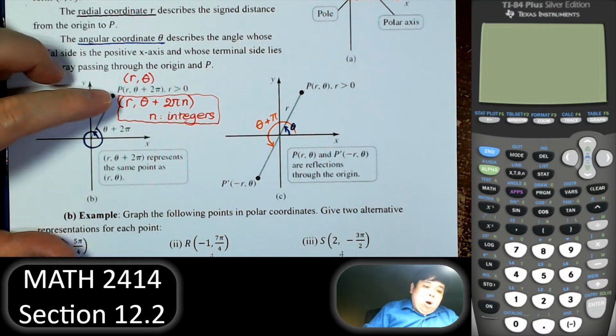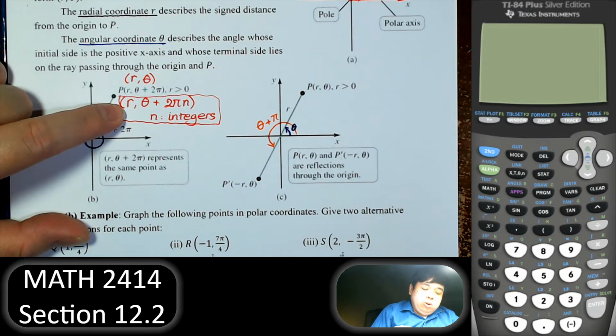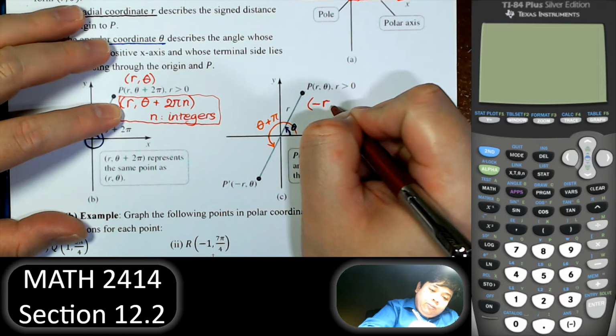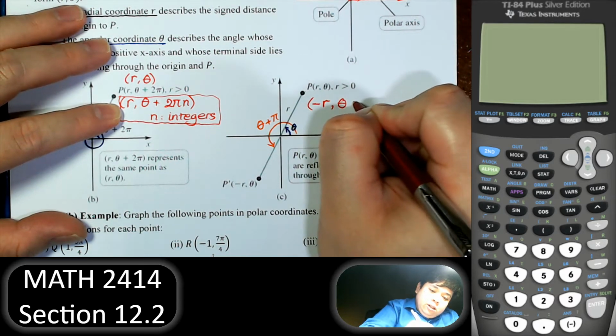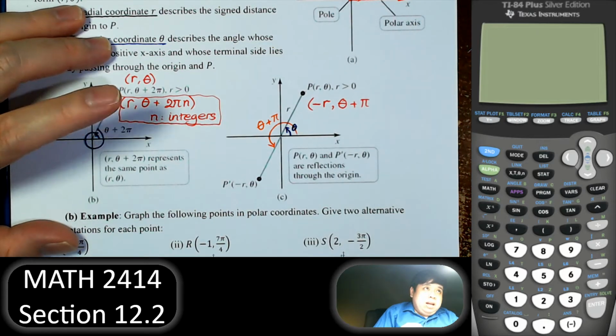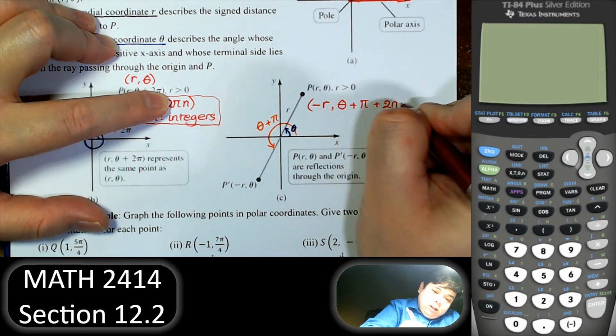So one way to represent the same point is to use the opposite of r and an angle where we add pi to it. And then again, we also have coterminal angles, so I still have 2n pi.